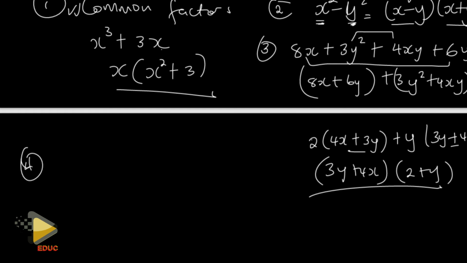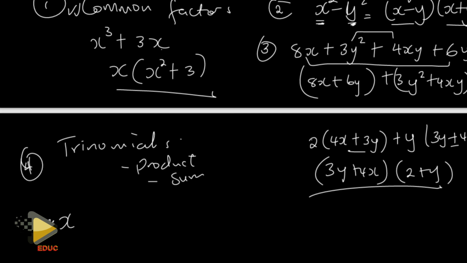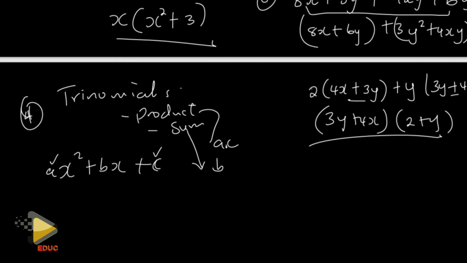And then number 4, we have what we call the trinomials. Okay, so these trinomials work around what we call the product as well as the sum. So if we have a quadratic expression of ax squared plus bx plus c, we know that a and c will represent our product, and then the sum will be represented using the b.